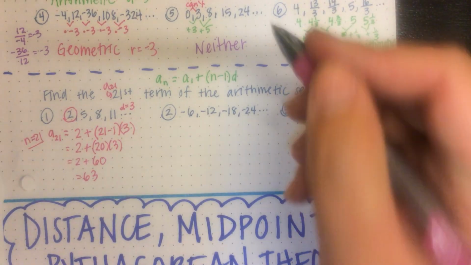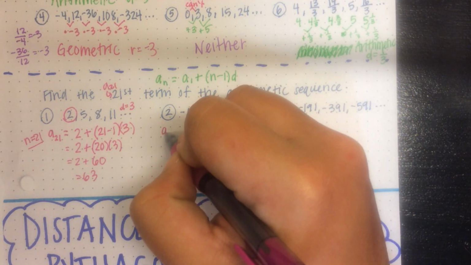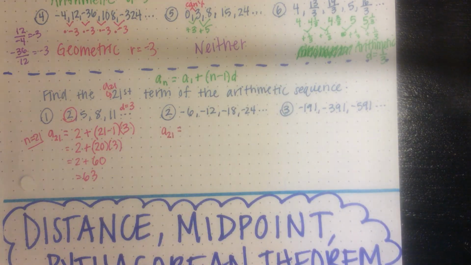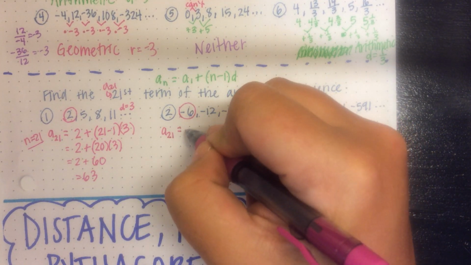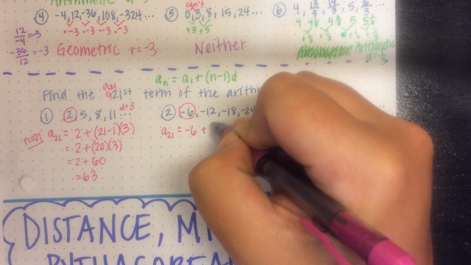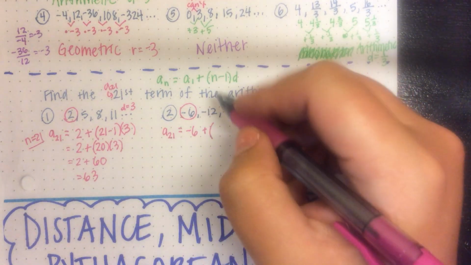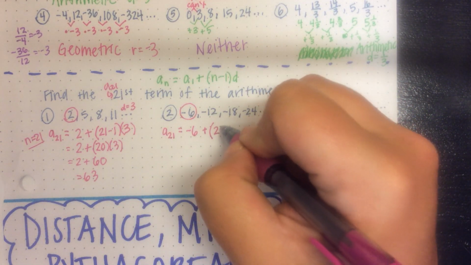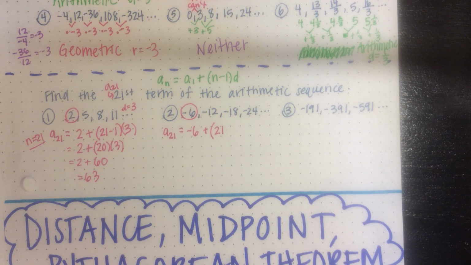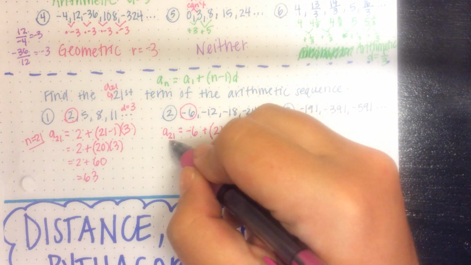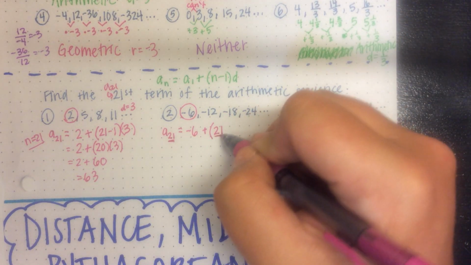For the second one, I've got a sub 21 equals my first term, negative 6, plus, now for all 3 of these, n's going to be 21, just because that's the one I'm working with. It's not always 21. It's whatever term you're looking for. Whatever number's here is the number that you put here.